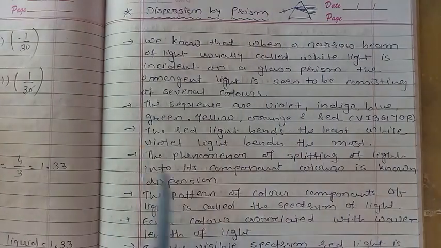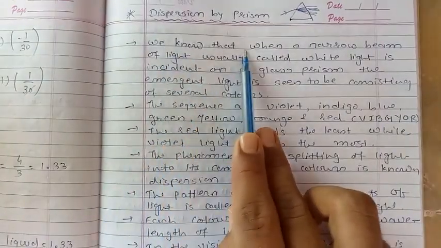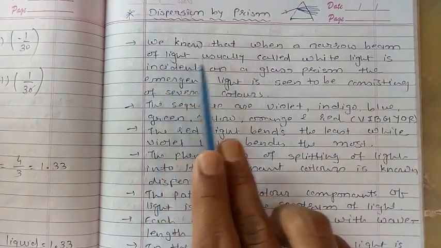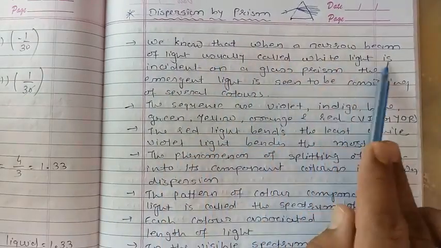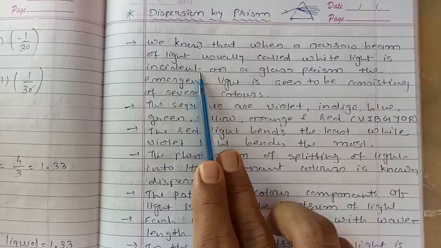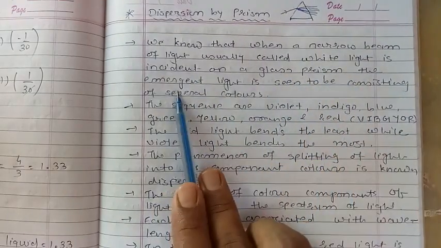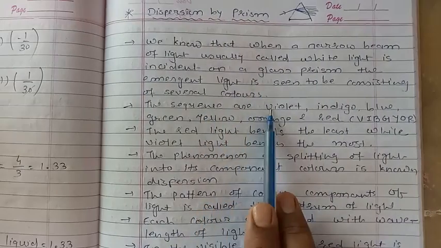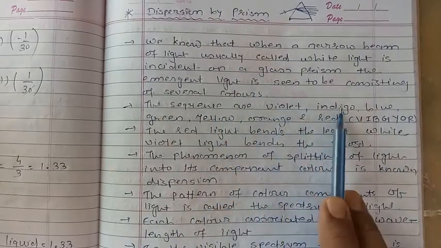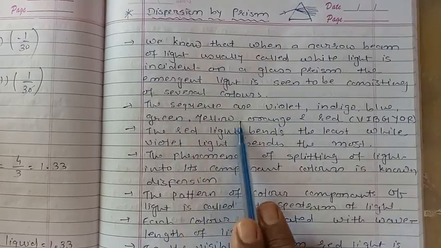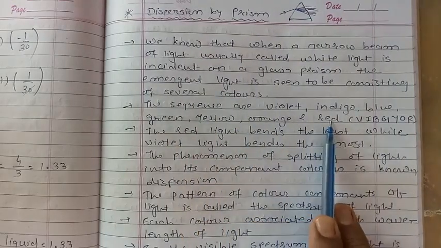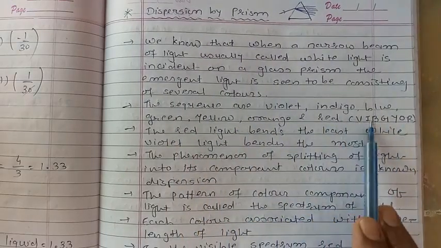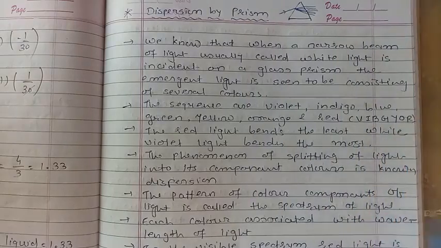So here we write this. When a narrow beam of light, usually called white light, is incident on a glass prism, the emergent light is seen to consist of several colors. The sequence of colors is violet, indigo, blue, green, yellow, orange and red. The short form is VIBGYOR.